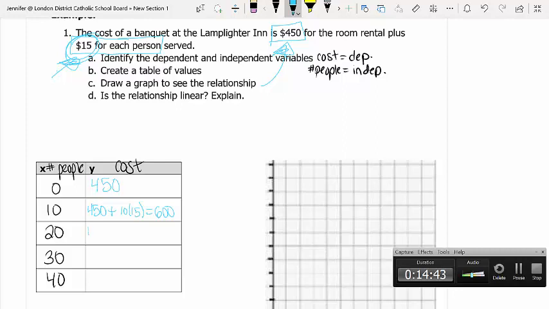If 20 people show up, you're still going to pay $450 for the room plus 20 times 15, so it's going to be $750. If 30 people show up, $450 for the room plus 30 times 15, so it's going to cost you $900. And finally, if 40 people show up, you're still going to pay $450 for the room and then 40 times 15.